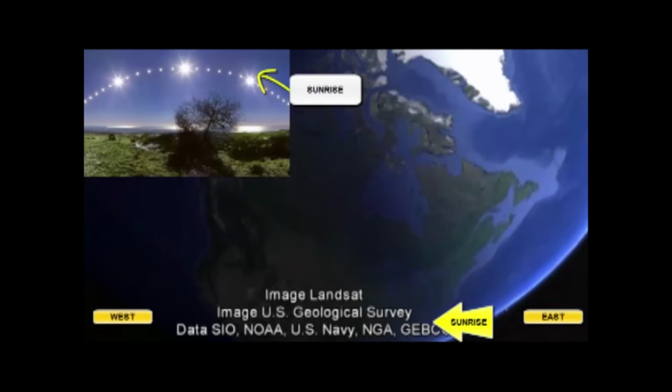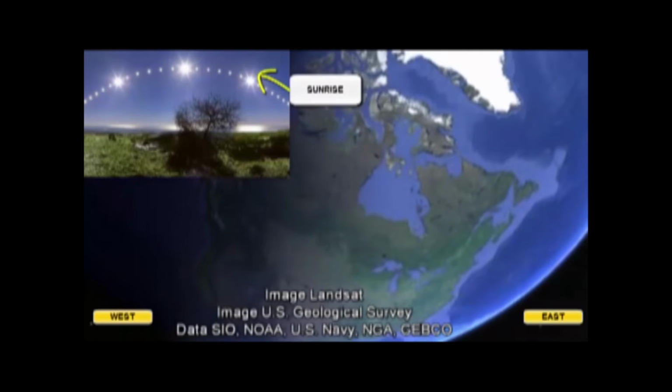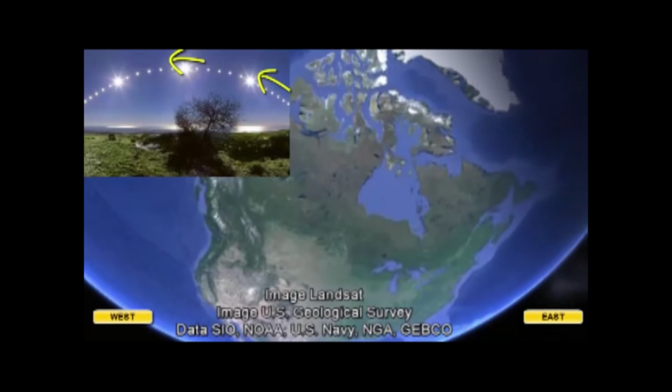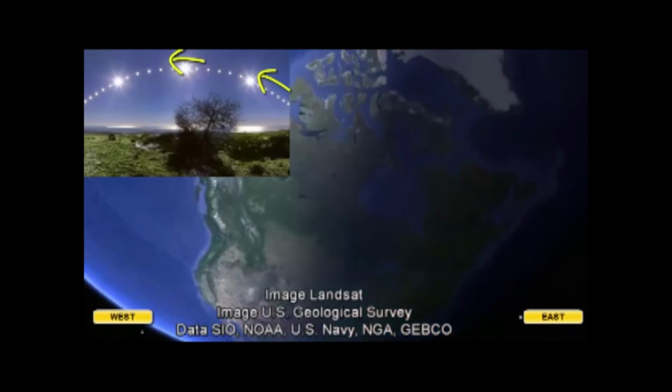Because of its counterclockwise rotation, this eastern area of America will experience sunrise first, and it appears to rise in the east direction.